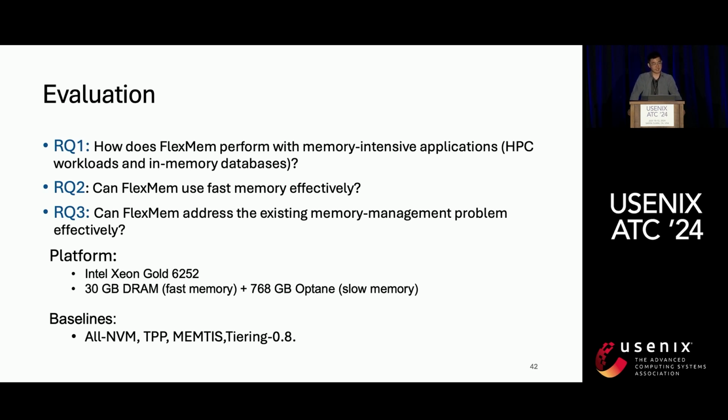The last one, can FlexMem address the existing memory management problems effectively? We tested on Intel Xeon CPUs, and we limited the DRAM size to 30 gigabytes, and we use 768 gigabytes of persistent memory. We test all-NVM setting, TPP, MEMTIS, and tiering 0.8.